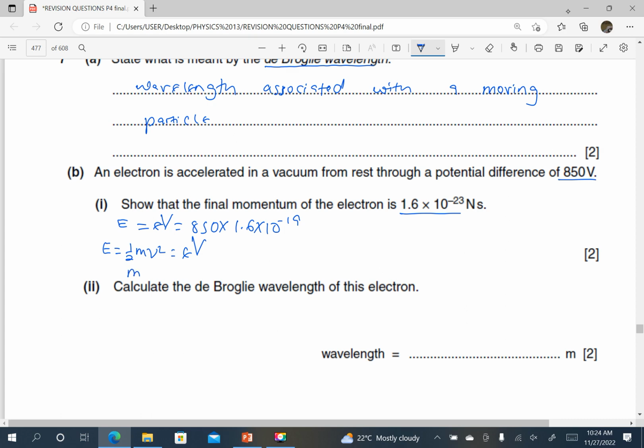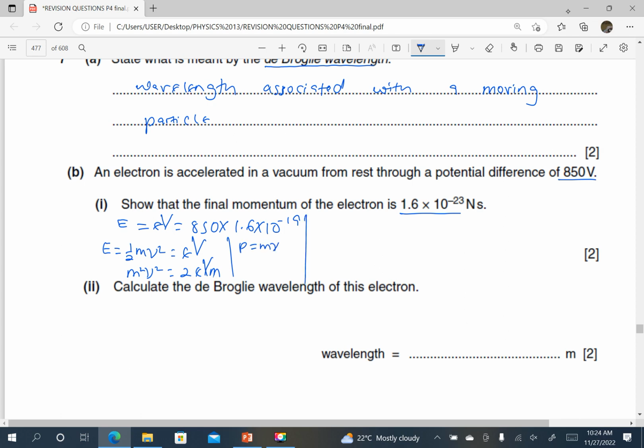So I have m squared v squared equal to 2eV times m. I've multiplied both sides by m and both sides by 2. Now you know that momentum is mass times velocity, so this side is momentum squared.